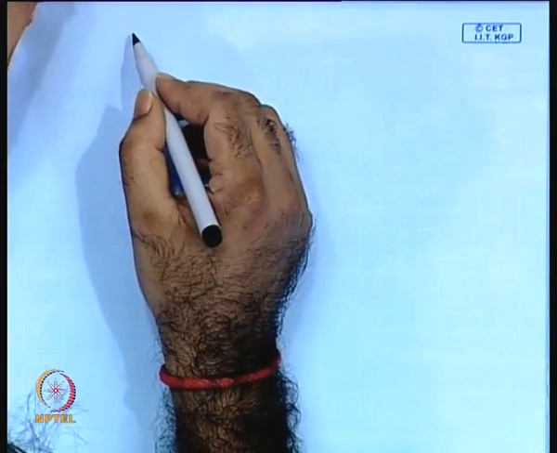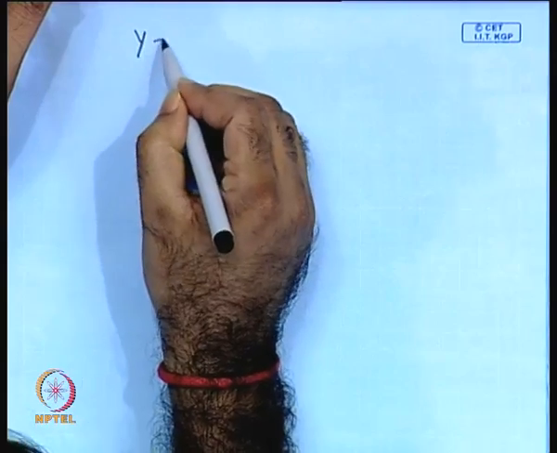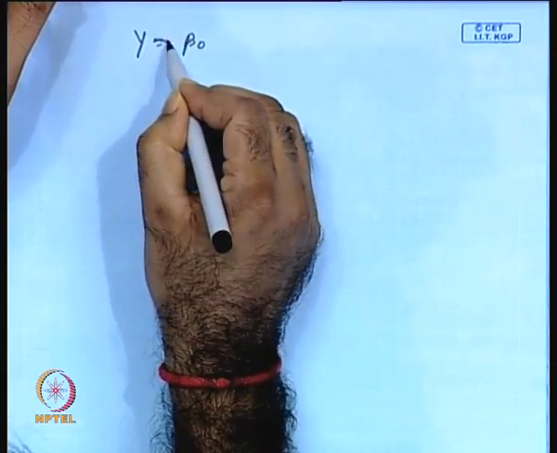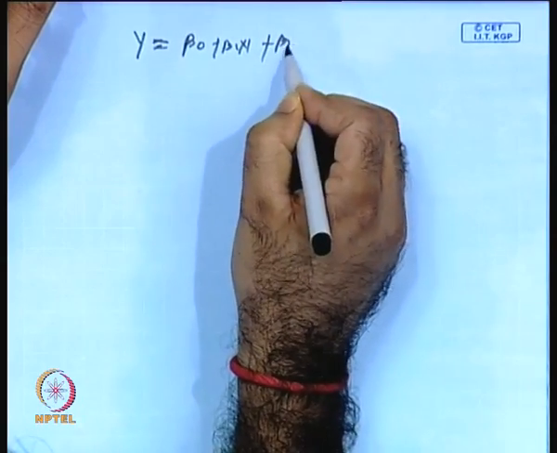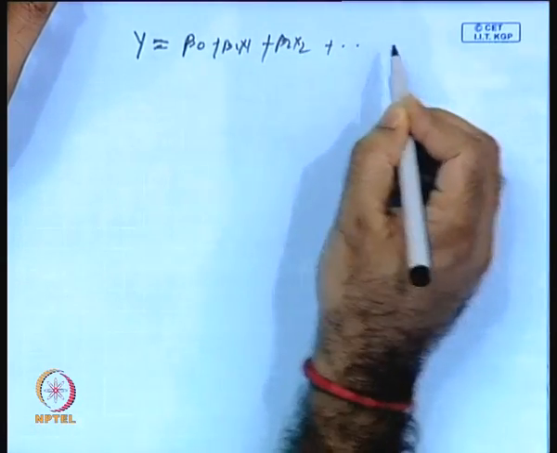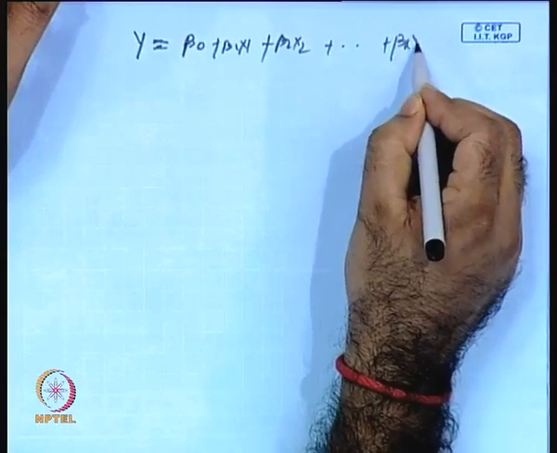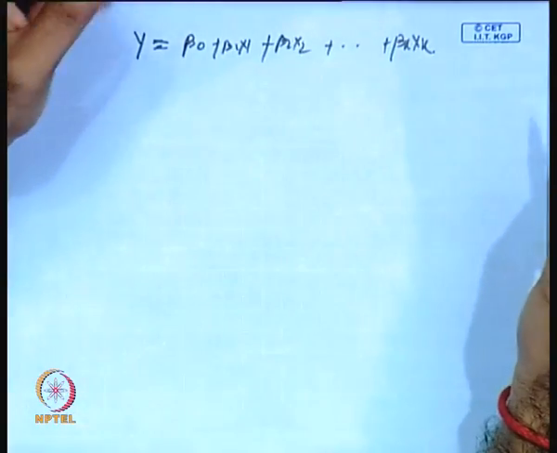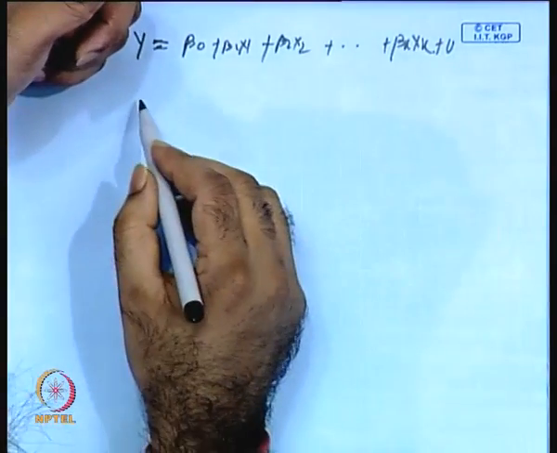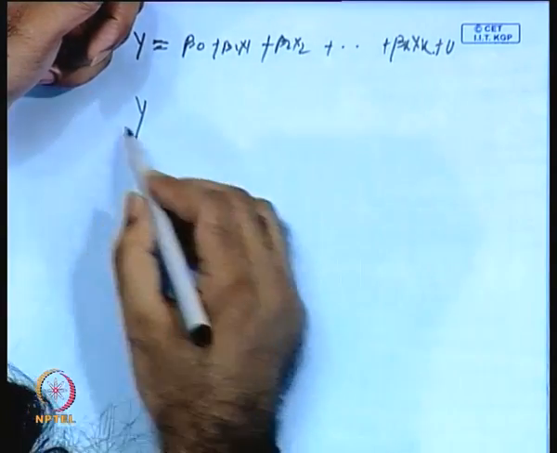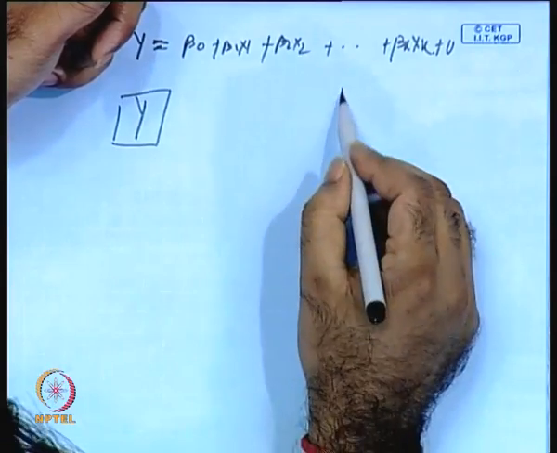So how do we go for that? This particular structure is y equal to beta 0 plus beta 1 x1 plus beta 2 x2 plus beta k xk, plus of course u. So this is how you have to proceed. If you put it in a particular format, the structure will be like this.